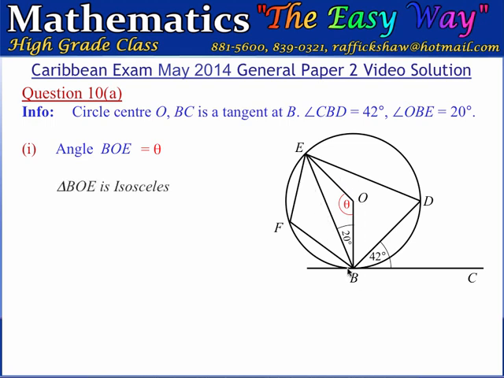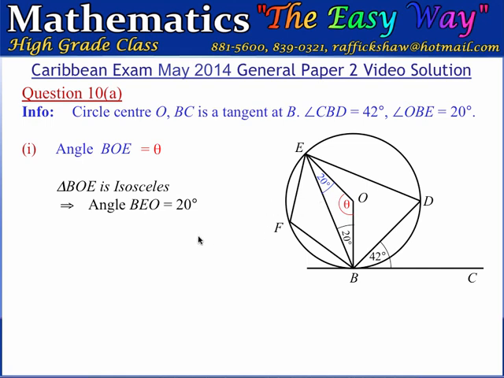Triangle BOE is an isosceles triangle, and therefore the two base angles are equal, so angle BEO is equal to 20 degrees because the base angles in an isosceles triangle are equal.